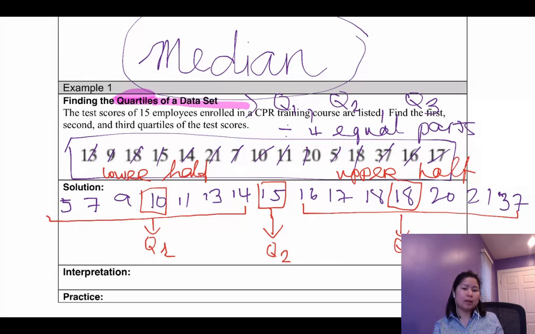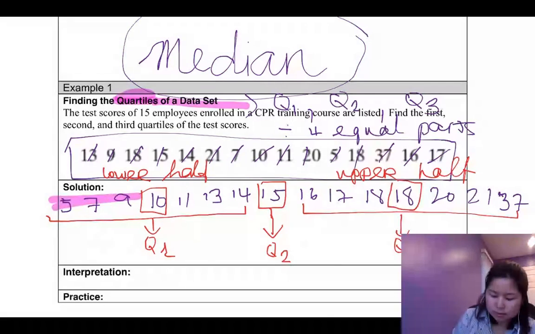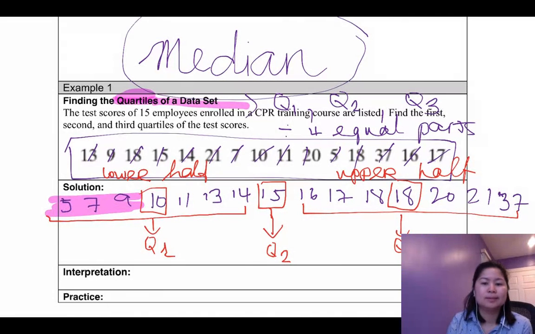Quartiles, like I said, split the data set into 4 equal parts, right? How do we have 4 equal parts? Let's take a look. From the lowest to Q1, that is 1 part. Then from Q1 to Q2, that is another part.